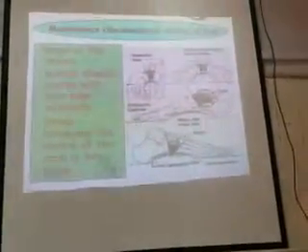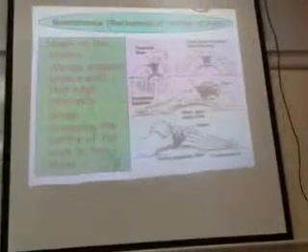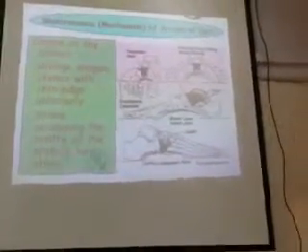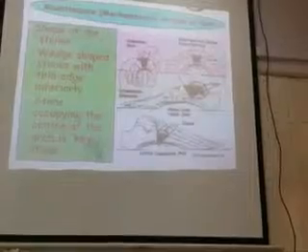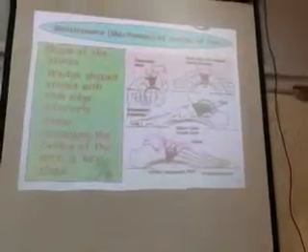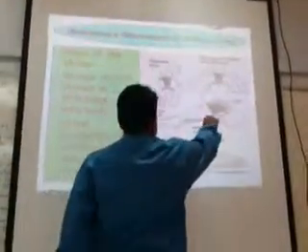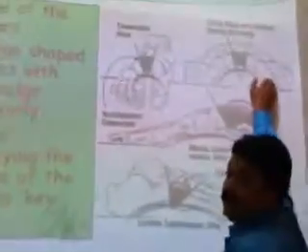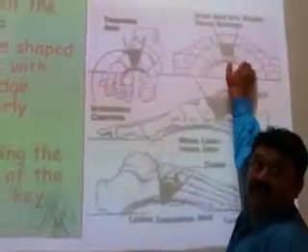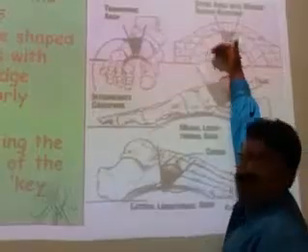And about the maintenance of the arches of the foot. The maintenance of these arches is by the shape of the bones. I have compared it with a bridge here. Just assume this is the arch of the foot.